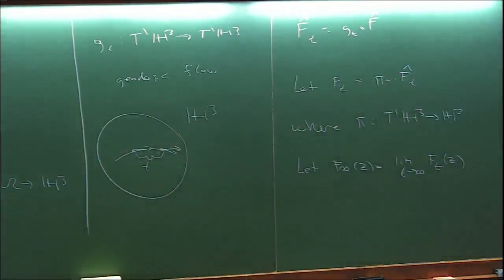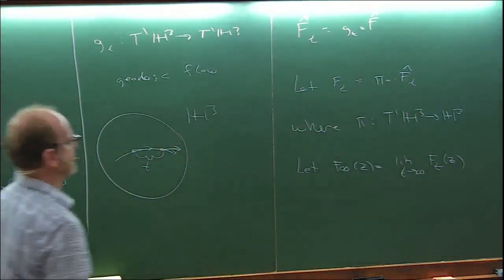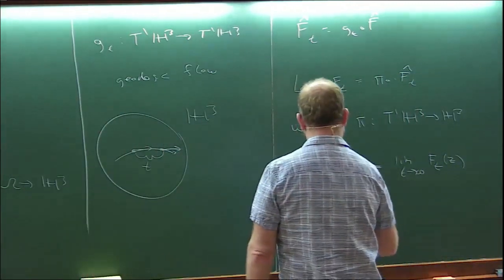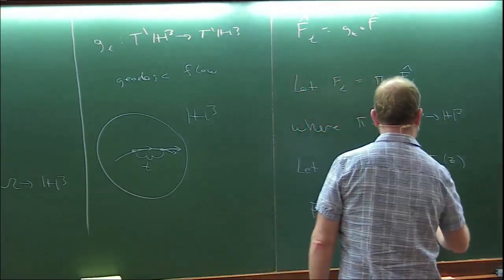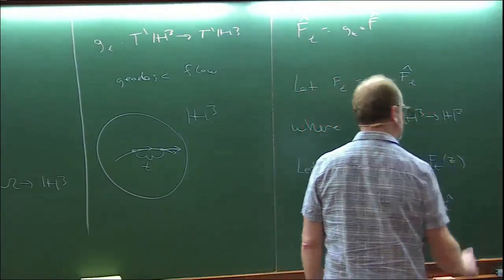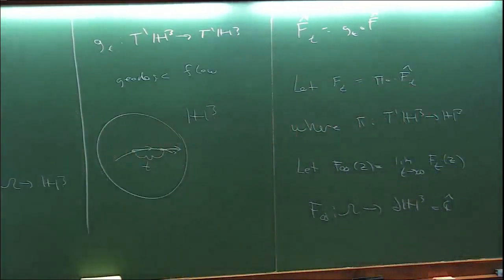And so the point is, well, what do we have here? What is f infinity? F infinity is now a map from omega to the boundary of hyperbolic space, which is again the Riemann sphere. So we're back to our original situation where we had a map from a domain in C to the Riemann sphere. Okay, so this is how you get a correspondence between the two things.